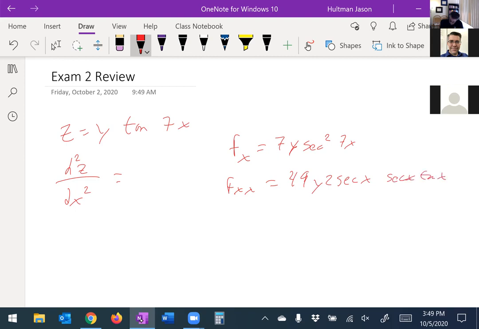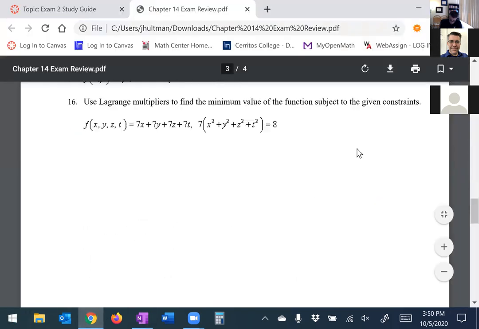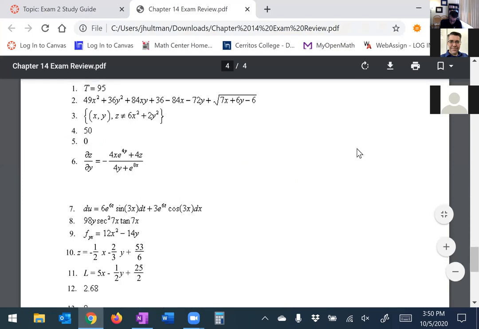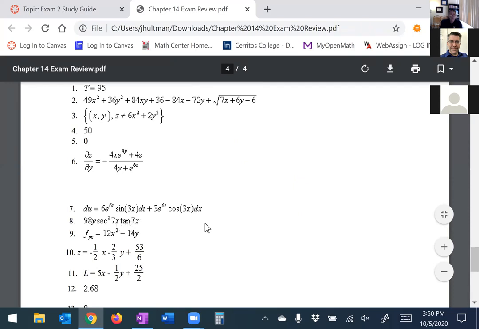So that's 98y secant squared x tangent x. Is that right? Let's see if that's right. That's right. Okay, that's number 8.